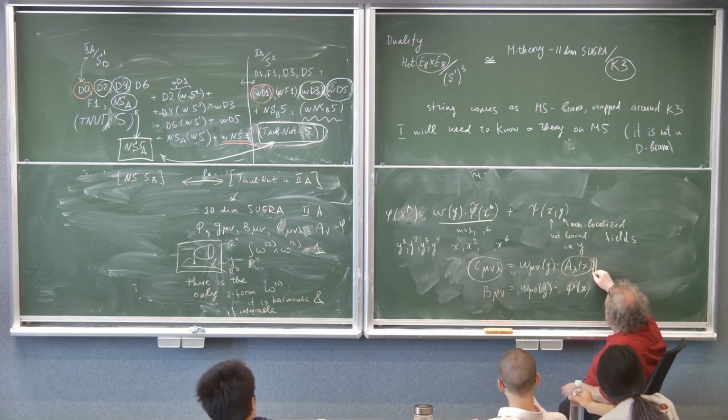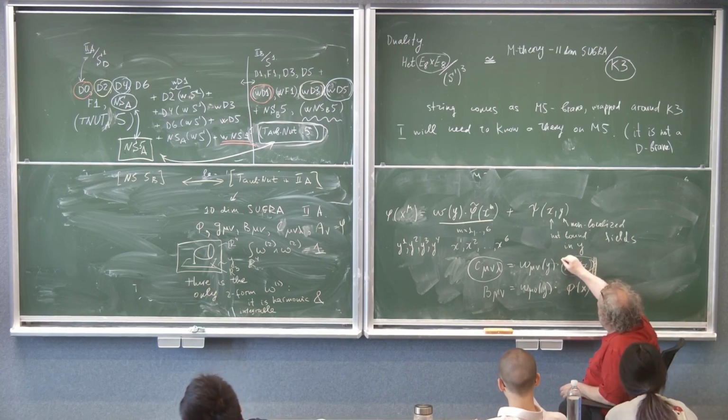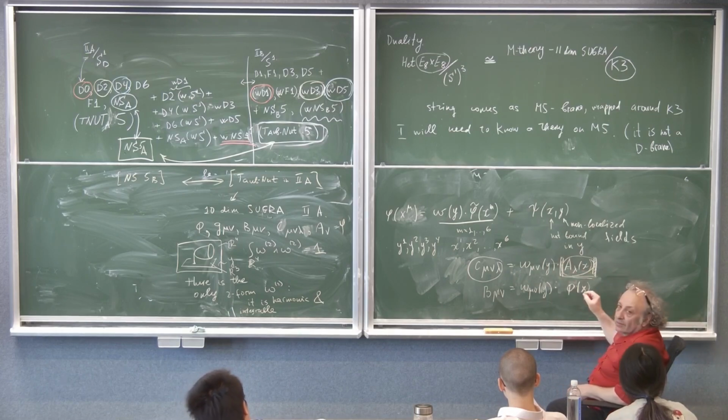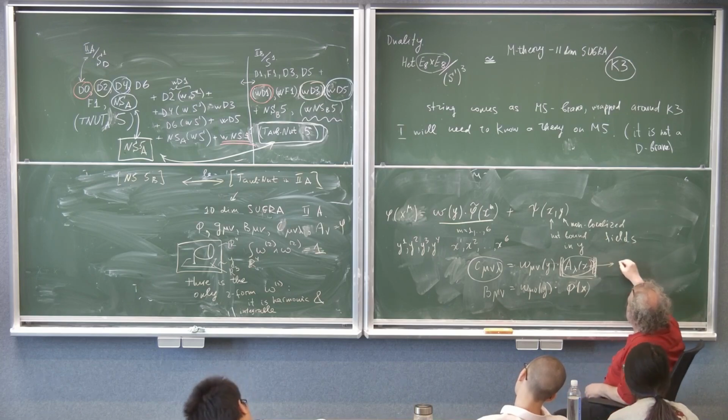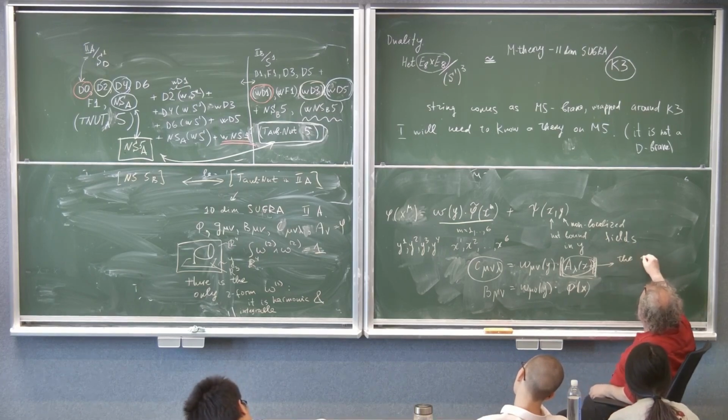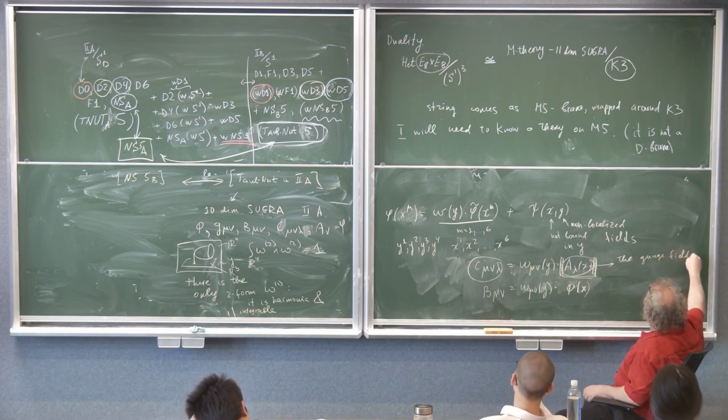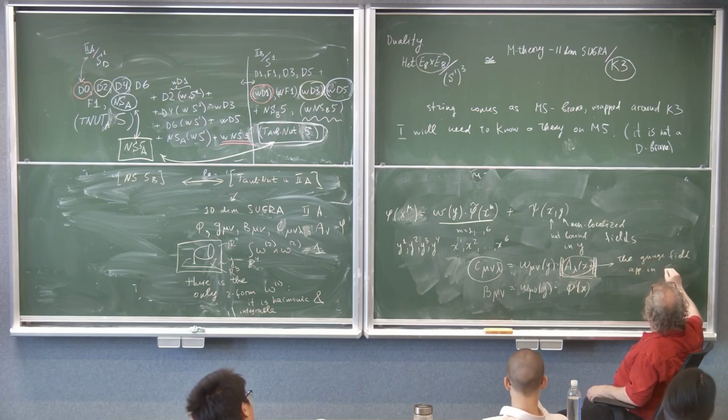So here, I'll put attention on the appearance of the field A. I'm not going to count scalars, but this field A is exactly the gauge field appearing in supermaximum.